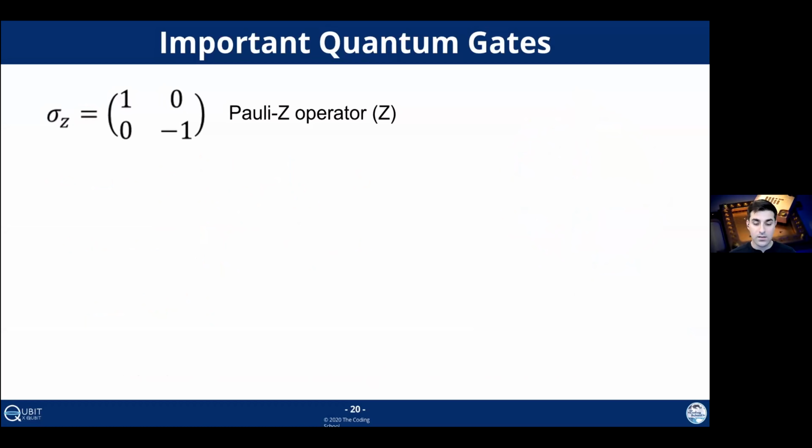Okay, next let's consider the Pauli Z operator. So what happens when I apply sigma Z to the 0 state? And maybe I will launch the poll so we can answer this.